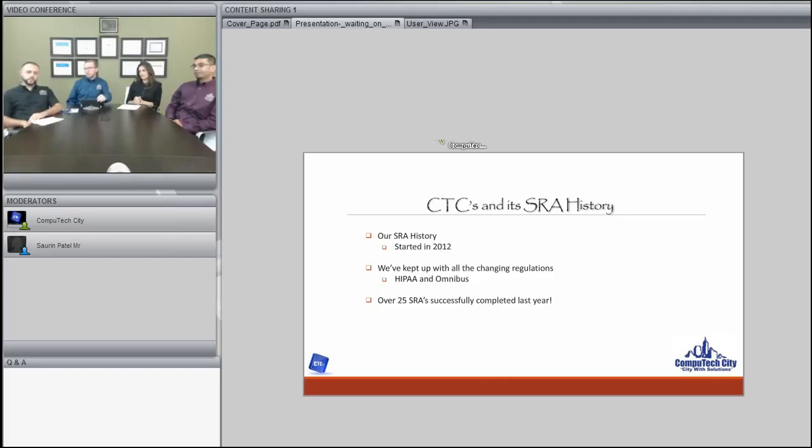Computex City has been doing our SRA since 2012, which makes this our 4th year doing this in the business. And since we live in a time of fast-evolving technology, a lot of regulations and rules change. Omnibus and HIPAA are the ones that enforce these rules. And Computex City has done everything to keep these regulations and all the rules on our desk, and we know what's going on.